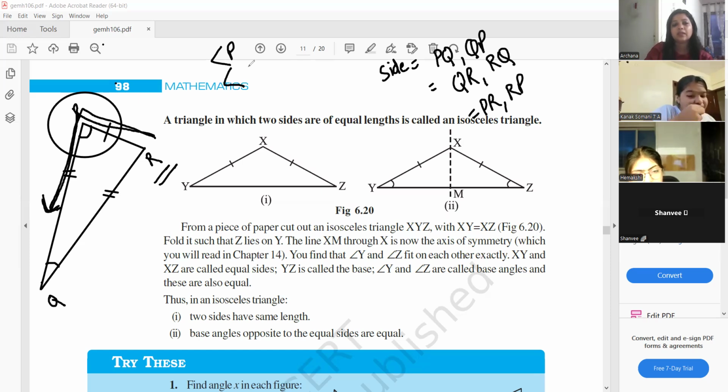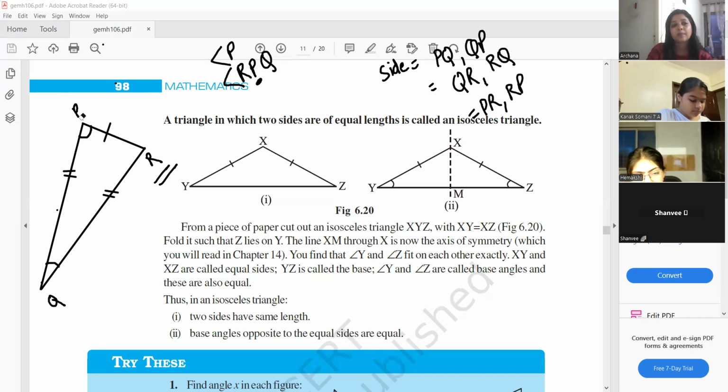So another method is RPQ, where the center letter is the place where the angle is formed. We can also read it as QPR. So in all three cases, angle P is the angle which we are talking about.